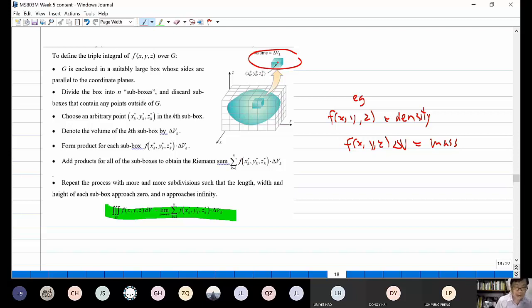So the final thing could be the mass of the solid. Usually there are some implications when you do a triple integral.